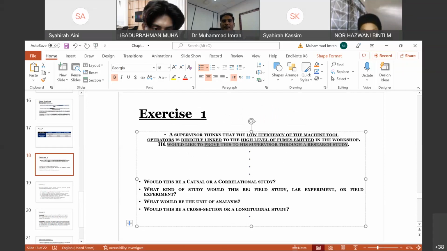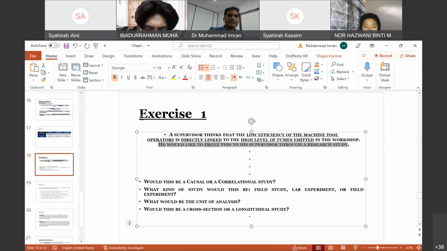Maybe the supervisor will not agree, then he will defend his argument: see, I did the research, this is true, or maybe this is wrong. Maybe low efficiency of the machine is due to high level of fumes, or maybe high efficiency with low level of fumes emitted. It can be different. So this is the one exercise.